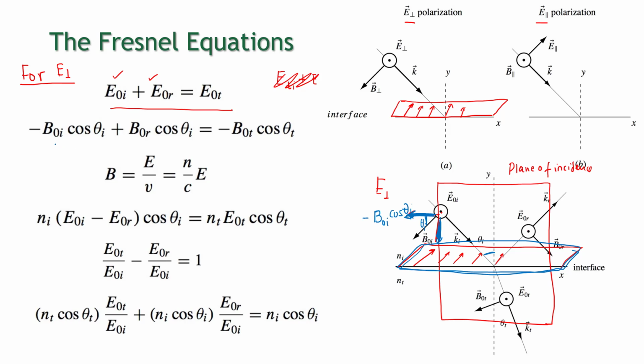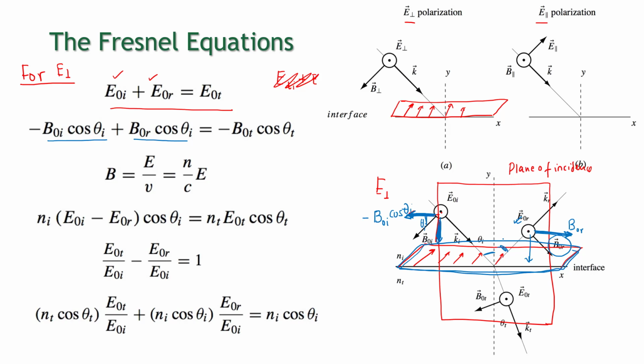So that's the tangential component of the magnetic field that is pointing to the left, and this is the tangential component of this magnetic field. This magnetic field also has this component and this component, and we are interested in this one for the boundary condition, and this is BOR.